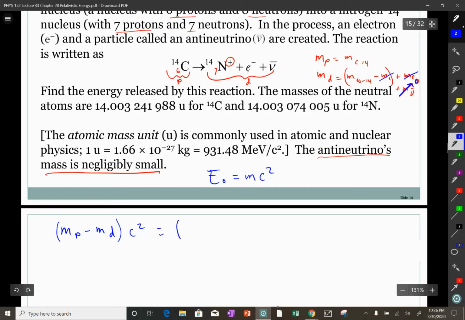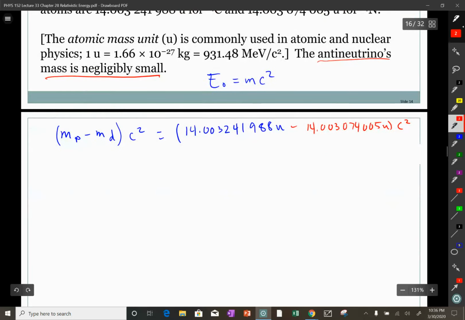So the mass of the carbon-14, 14.0032419888 atomic mass units, minus the mass of the nitrogen-14, 14.0030740048 atomic mass units. And then I need to multiply that by C squared. And I'm just going to write C squared now.